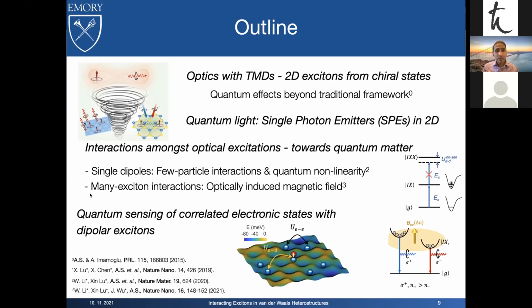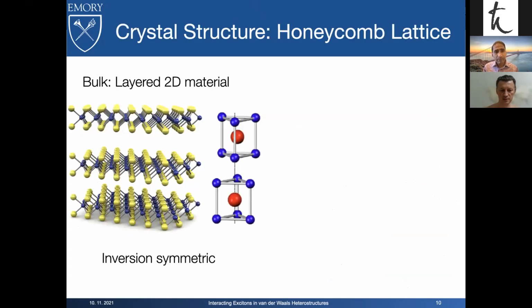The other result is on many-body, many-exciton interactions, which leads to an optically induced magnetic field. So you get a pseudo magnetic field from light. If I get time, I'll talk about quantum sensing of correlated electronic states with these dipolar excitons.